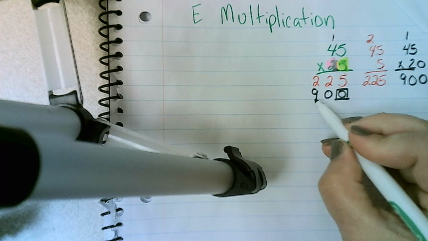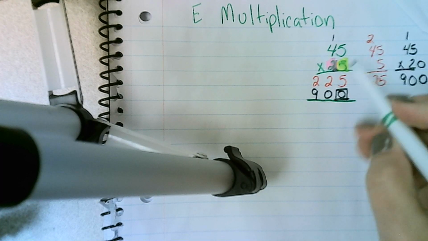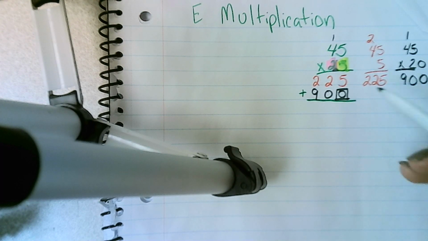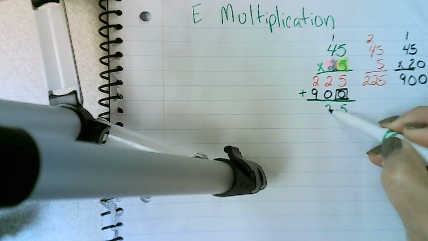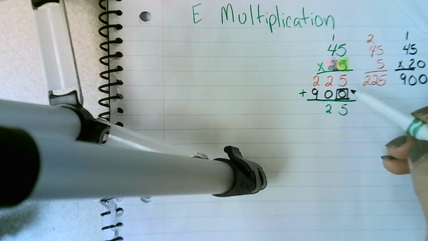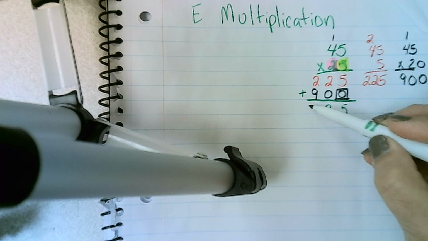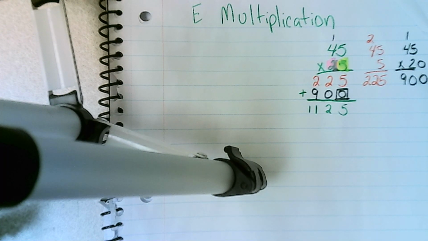All right, so now that we have both numbers taken care of, we just add. 5 plus 0 is 5. 2 plus 0 is 2. 9 plus 2 is 11. So my answer is 1,125.